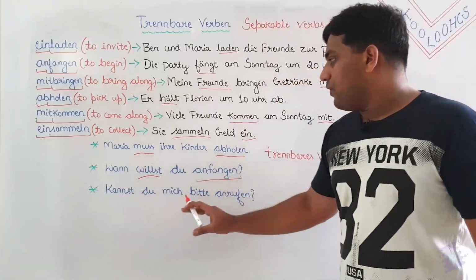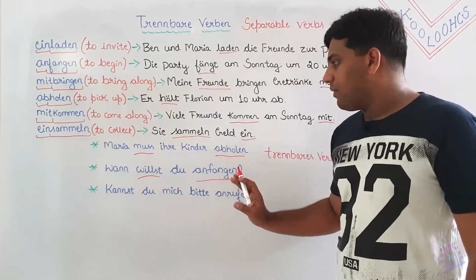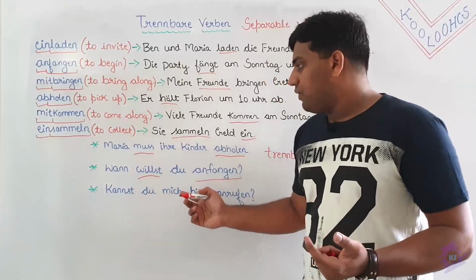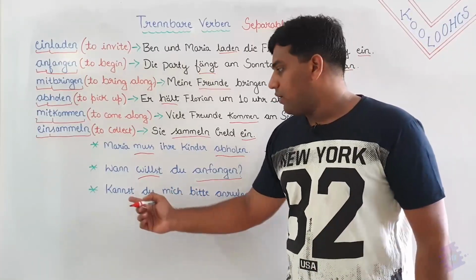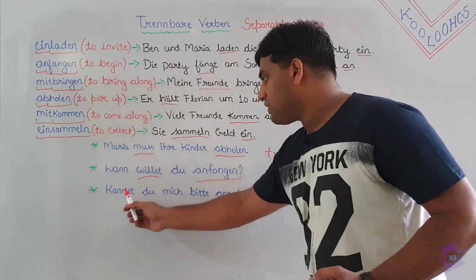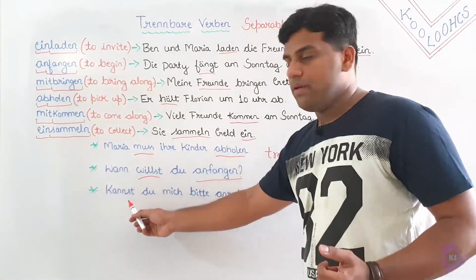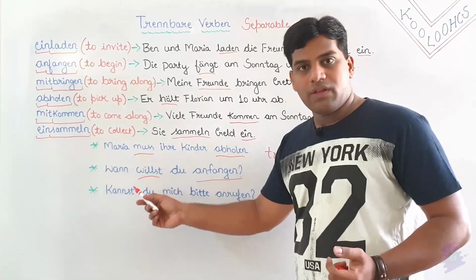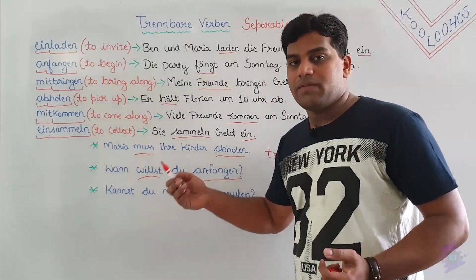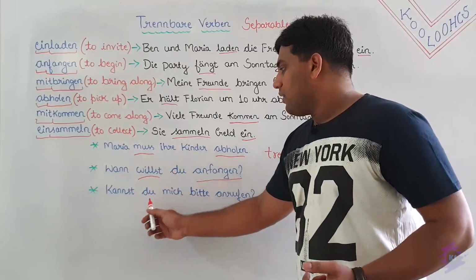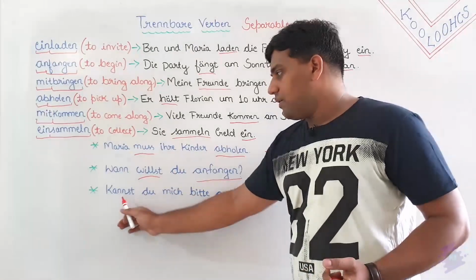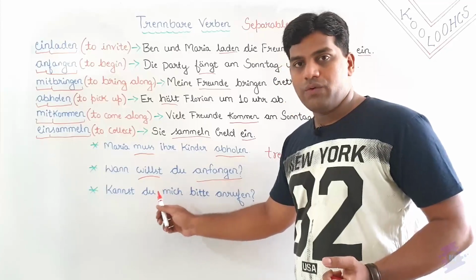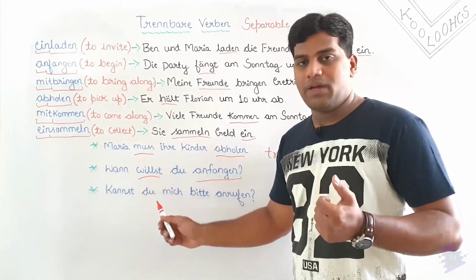And another example with a modal verb and a separable verb. But here I have started the question with the modal verb. That also you can do. So here you can start a question with a modal verb. So kannst means can. The infinitive form of this verb is können. That means to be able to, can. So here you conjugate this according to the subject du. So for du it is kannst, right? As we came across in my earlier session.